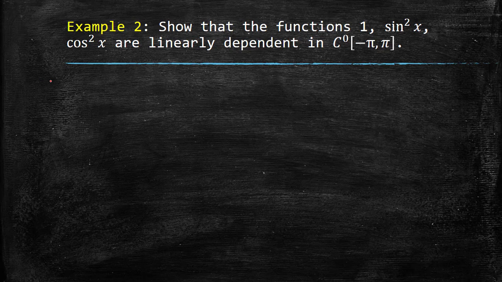So now for example 2, we have: show that the functions 1, sine squared x, cos squared x are linearly dependent in the continuous vector space. So recall our identity of sine squared x plus cos squared x is equal to 1.